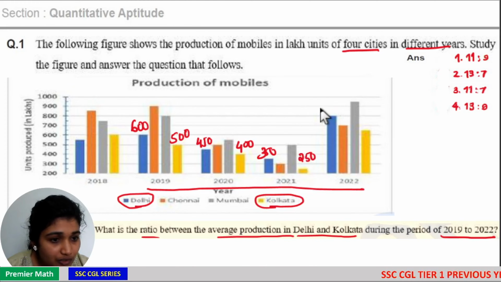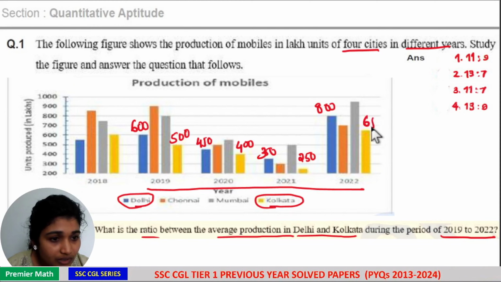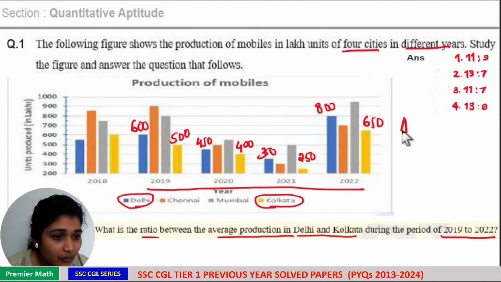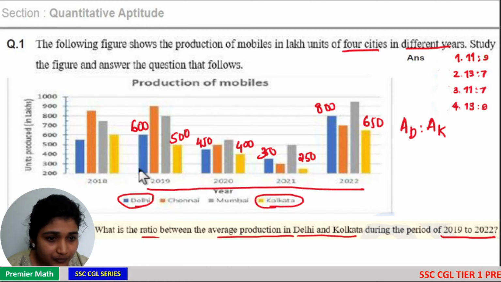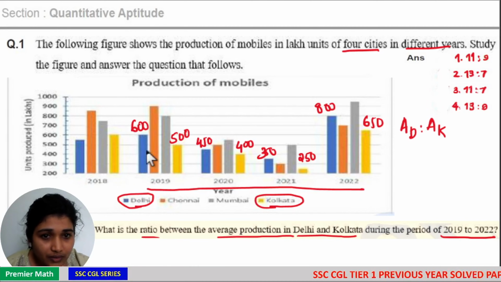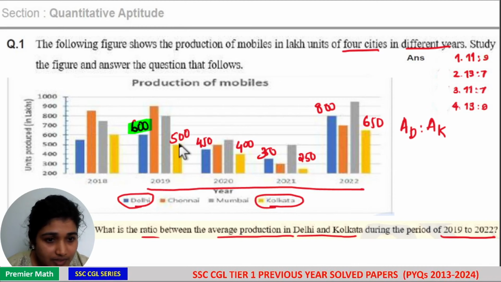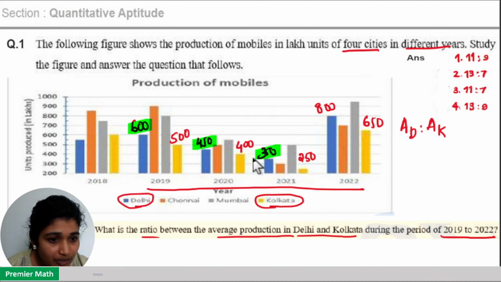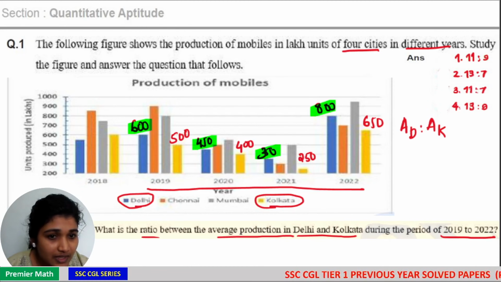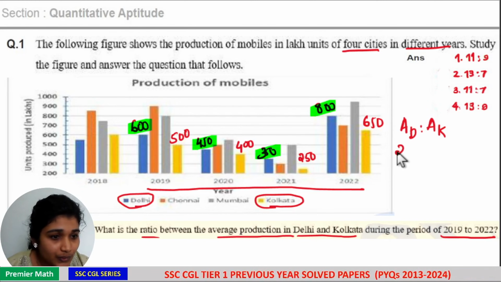And in 2022, Delhi produced 800 and Kolkata produced 650. Now, the average of Delhi in 4 years and the average of Kolkata in 4 years, take the sum here. So 600 plus 450 plus 350. 450 plus 350 is equal to 800, and 800 plus 800 is 1600. 1600 plus 600 is equal to 2200.